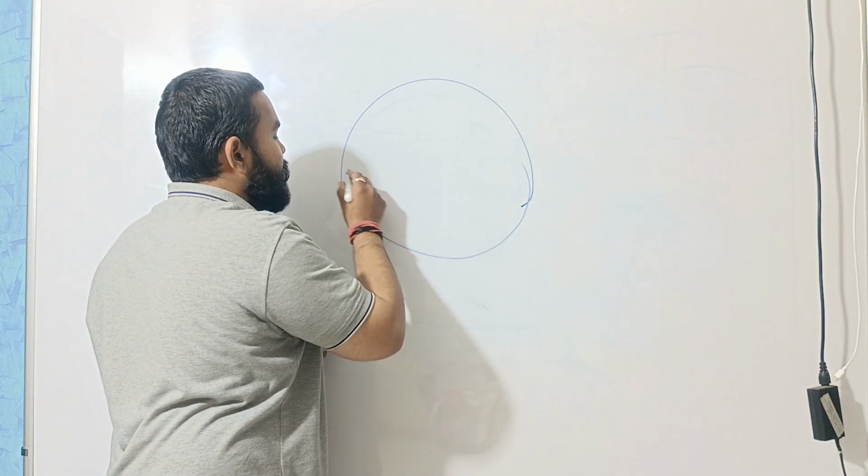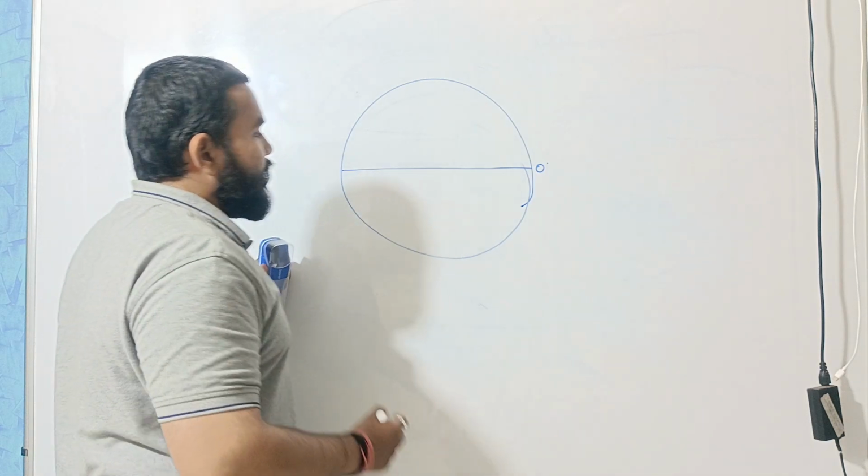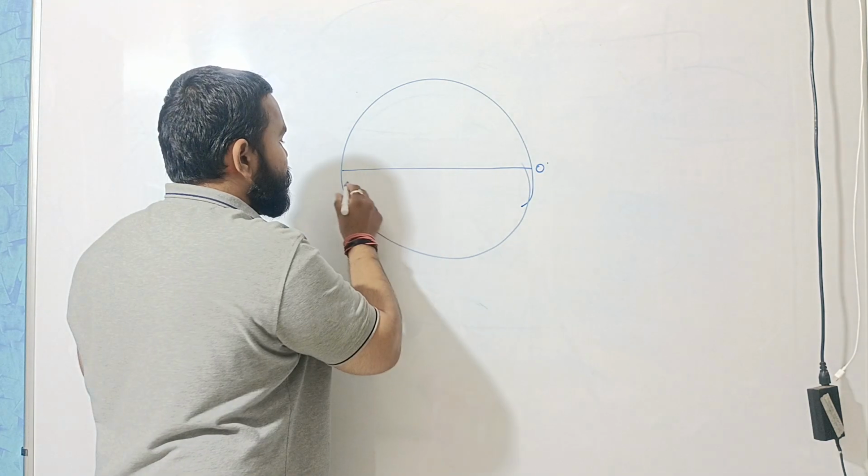So this is our Earth. This is the equator, 0 degree, and we introduce imaginary lines like this.